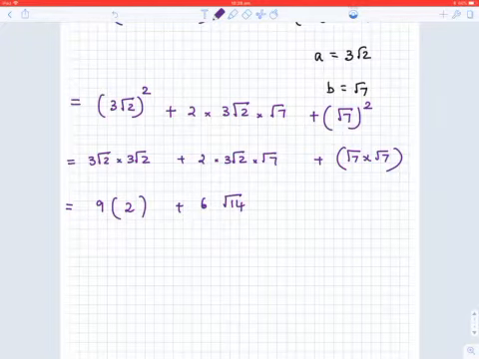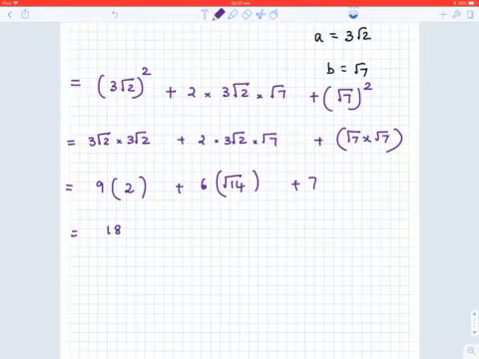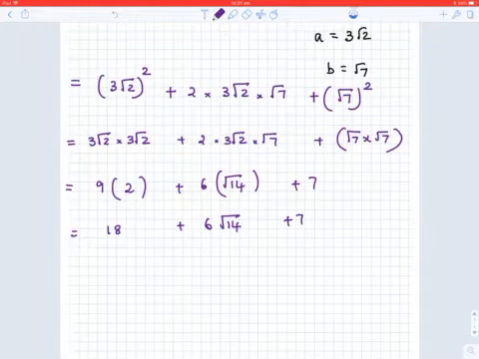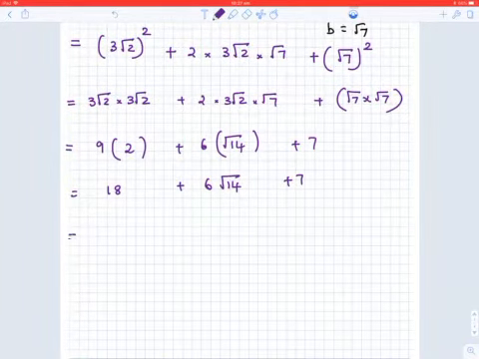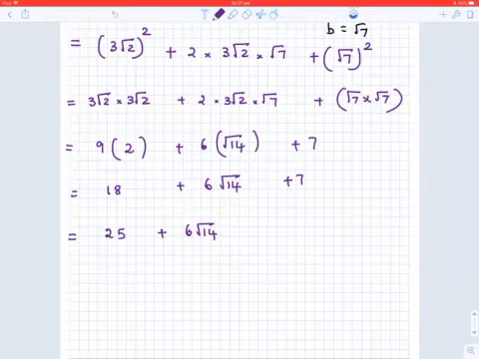And when you combine the whole numbers, it will be 6 and then root 14. Root 2 times root 7 is root 14. This becomes 7. So when you do the multiplications, 18, plus 6 root 14 plus 7, which gives you, combining the numerical component, 18 plus 7 is 25 plus 6 root 14.